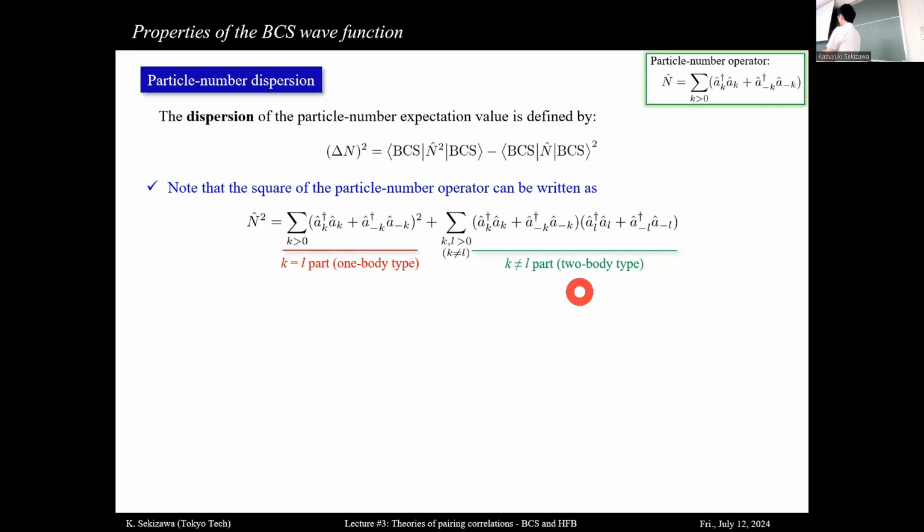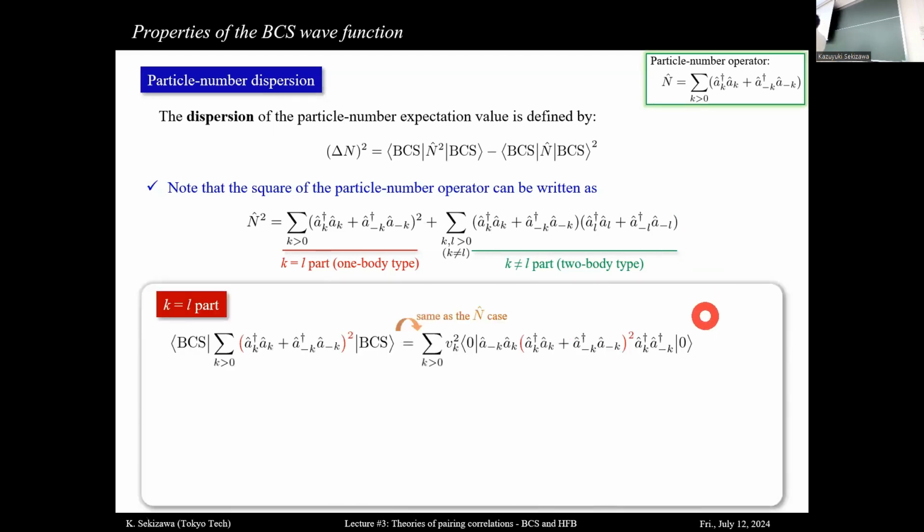The reason why I did it is that this first term can be regarded as a one-body operator, very similar to the usual standard particle number operator, but we just have this square here. And this second term can be viewed as a two-body operator, so we need to treat it carefully.